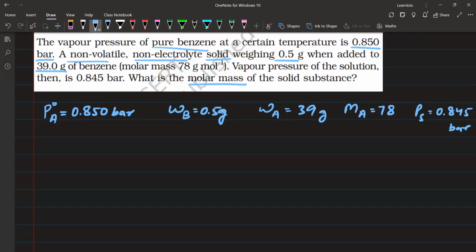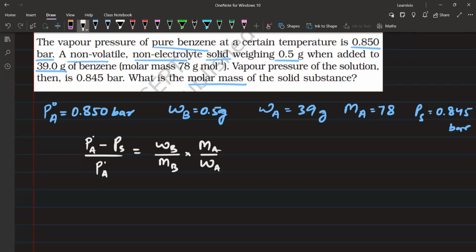We have just now seen the equation for this: P naught A minus PS divided by P naught A will be equal to WB upon MB into MA upon WA, right? ठीक है ना?